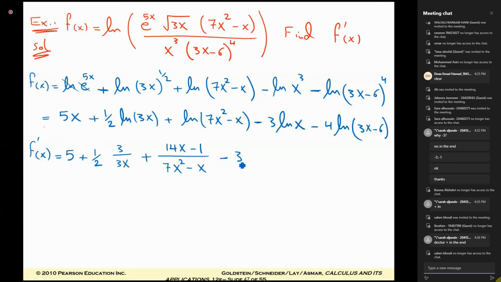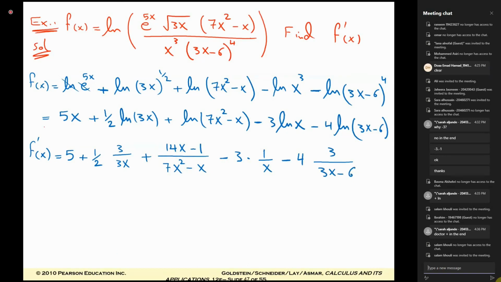Minus 3 multiplied by the derivative of ln x, 1 over x, minus 4 times the derivative of 3x minus 6, this is 3 over 3x minus 6.